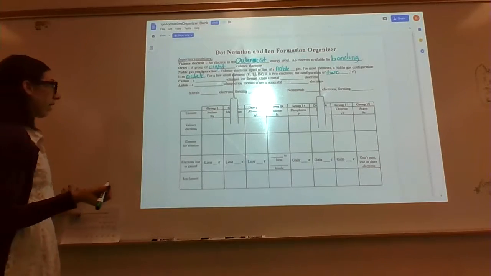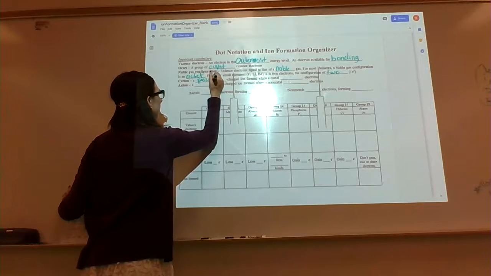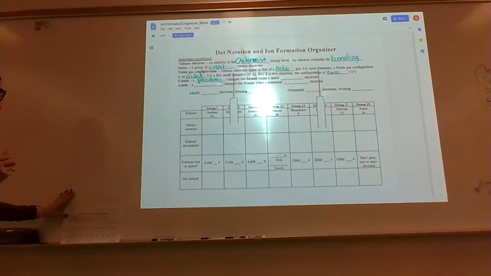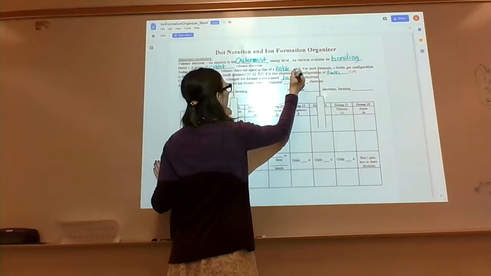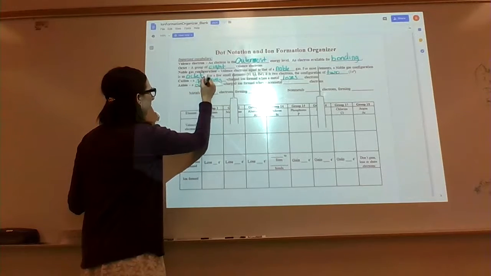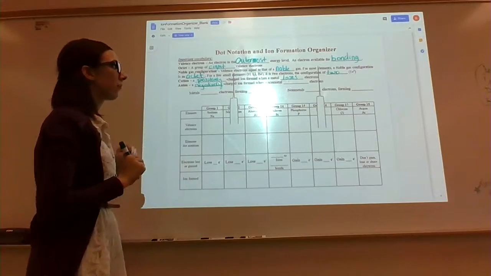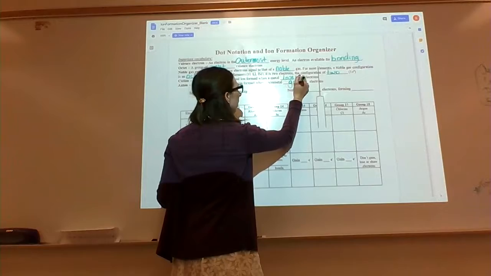So a cation is something that is positively charged. It's when a metal loses an electron. And an anion is a negatively charged ion formed when a non-metal gains.